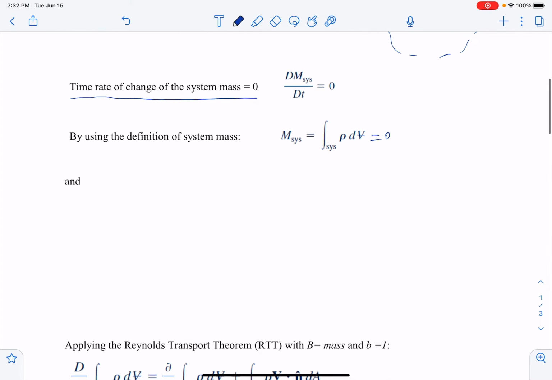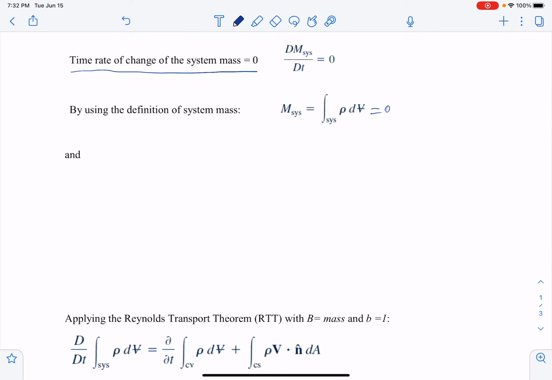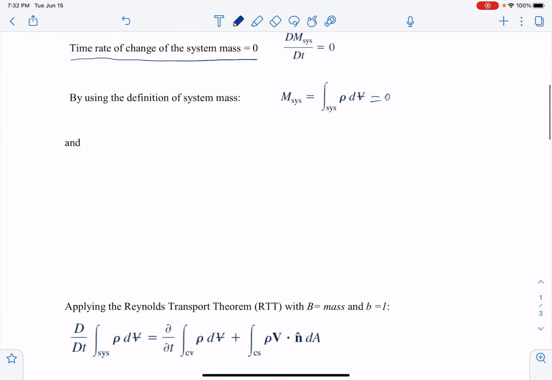And now if I apply the Reynolds transport theorem, with B equal to mass and little b equal to 1, as we talked about in the last video, how we can use the Reynolds transport theorem to keep track of something called B, which we don't really know what it is.